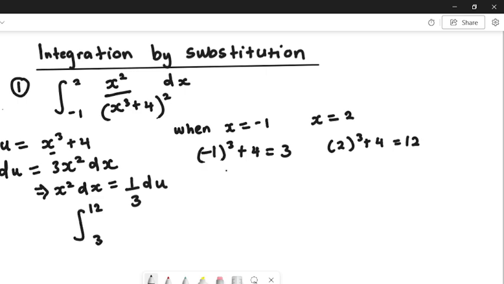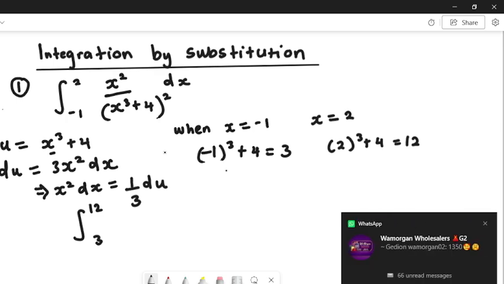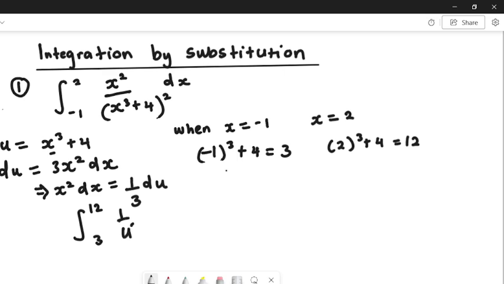So we have the integral from 3 to 12 of 1 over u squared du. But now our du has a third, and a third is a constant, so we factor out the constant.